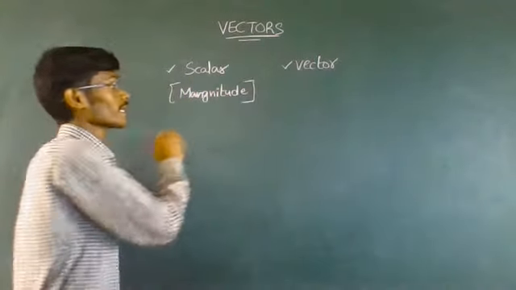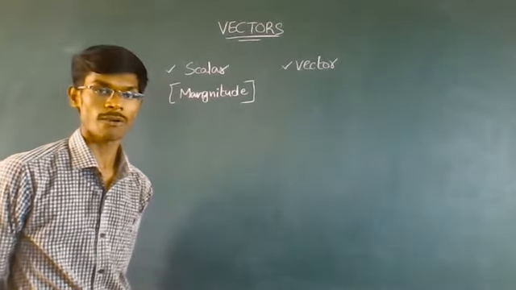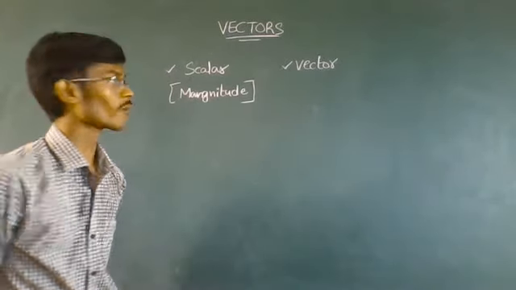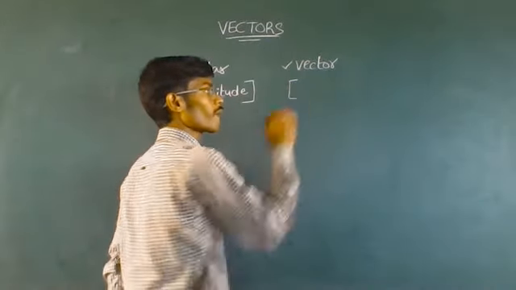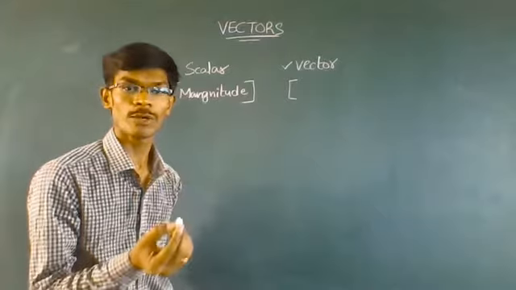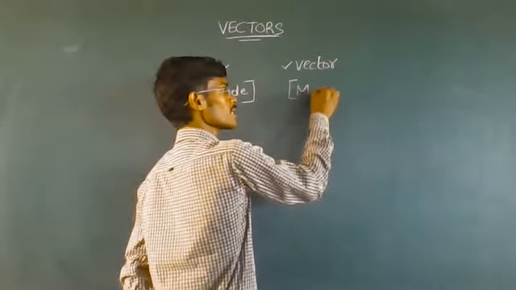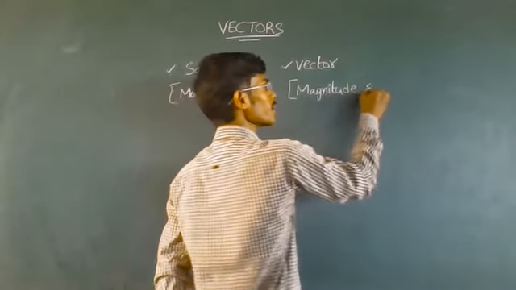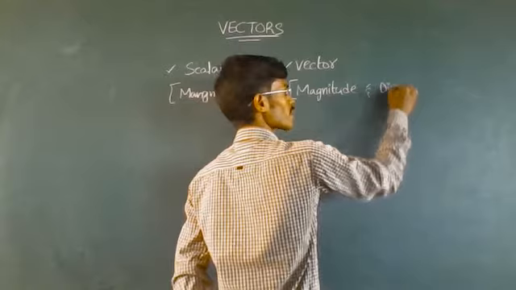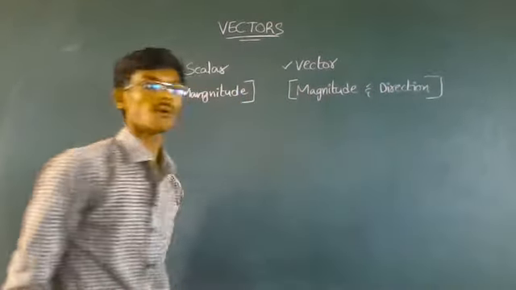Is it clear? The physical quantities which have only the magnitude are known as scalar physical quantities. Then what about vector physical quantities? The physical quantities which have both magnitude and direction, these physical quantities we will call vector physical quantities.